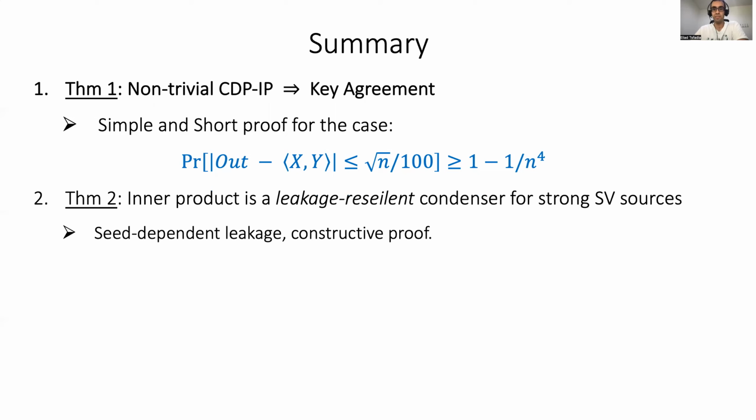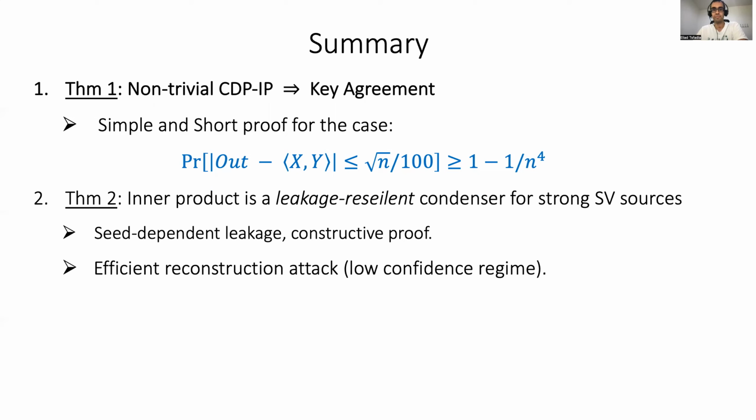Second, we saw theorem 2, which states that the inner product is a leakage-resilient condenser for strong SV sources. We explained that this holds under an XY-dependent leakage and using a constructive proof. In addition, in order to prove theorem 2, we had to develop a new self-contained efficient reconstruction attack in the low confidence regime, which can be of independent interest.